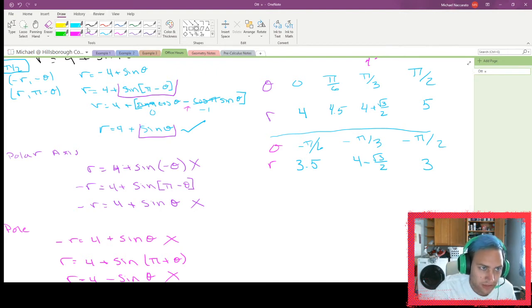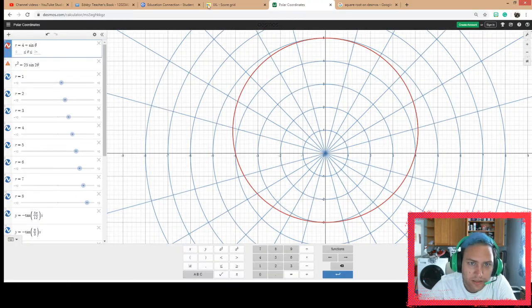Okay, let's do this. Let's try to make a nice polar graph right here. There's a circle. I put that up too high. Ah, forget it.